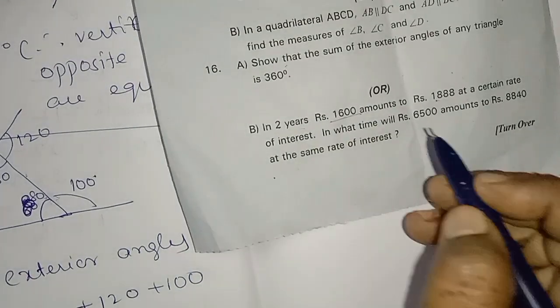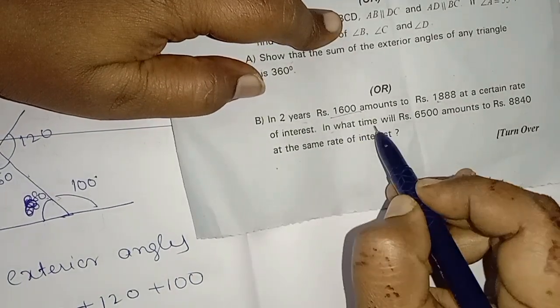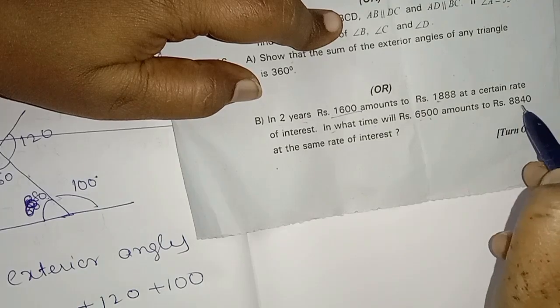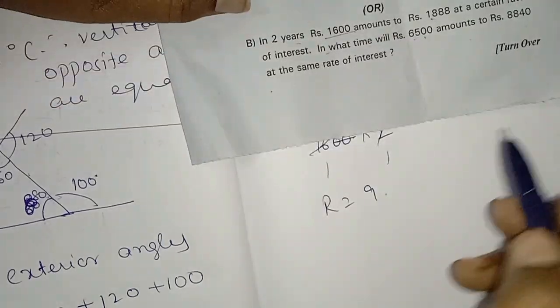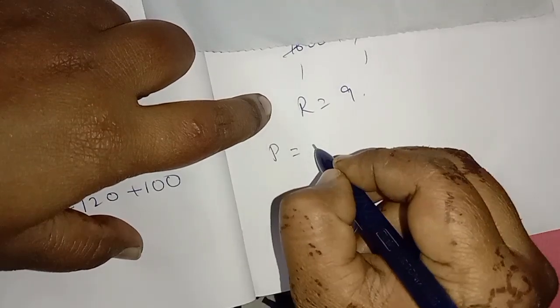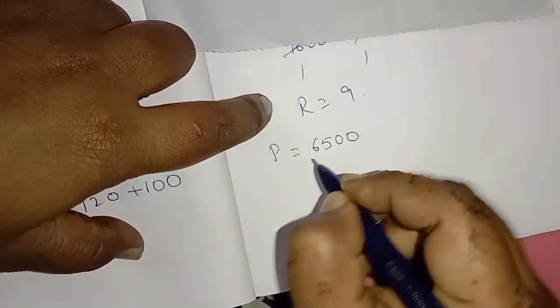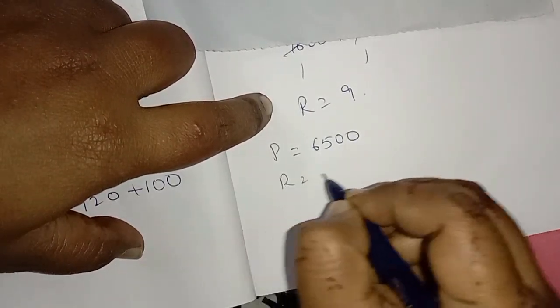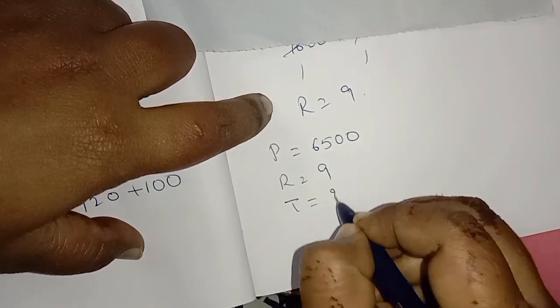So here we have one more question. In what time does 6500 amount to 8840? Again you write this as P equals 6500, R equals 9. Time we don't know, we have to find.